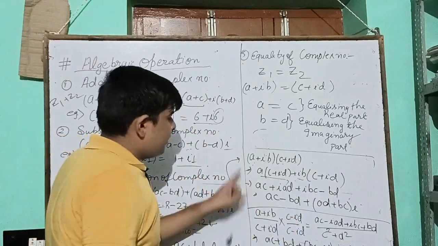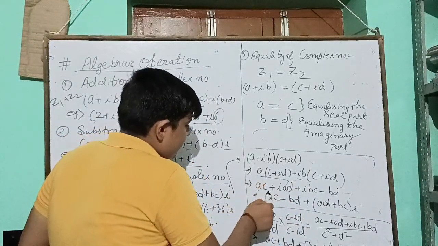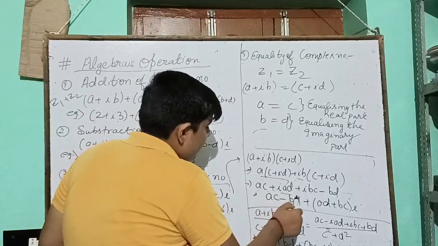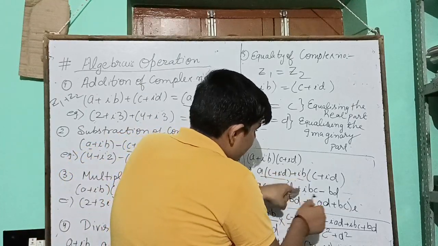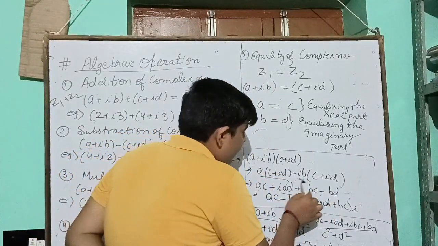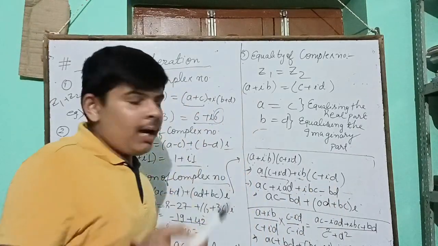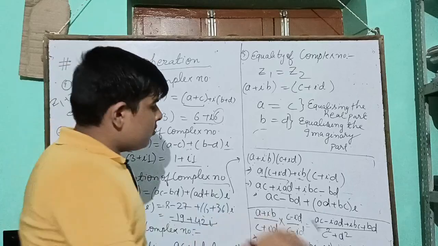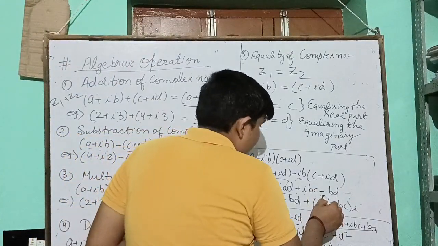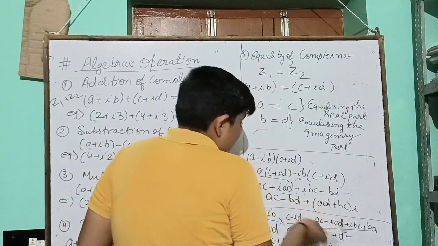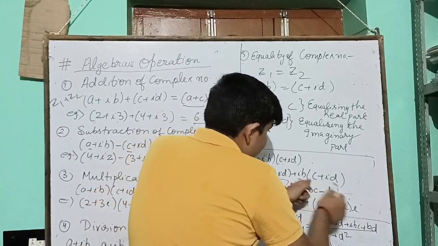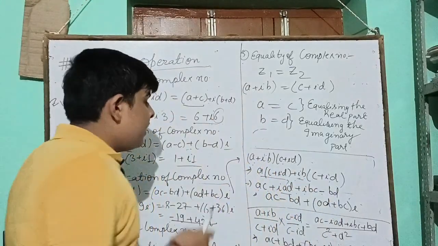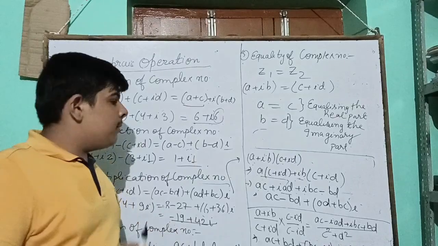After that we get ac plus iota ad plus iota bc minus, here iota into iota is iota square, and iota square is equal to minus 1, so that's why the minus sign comes here. I have written the minus sign into bd. So we will arrange it in the real part and the imaginary part.